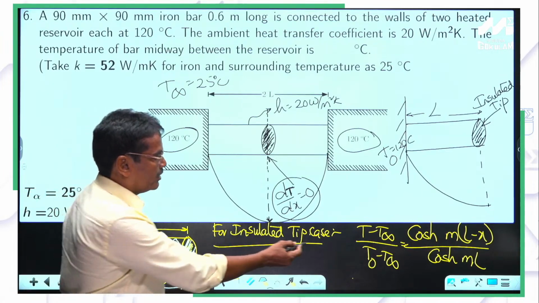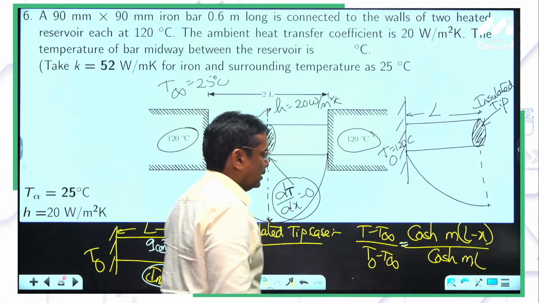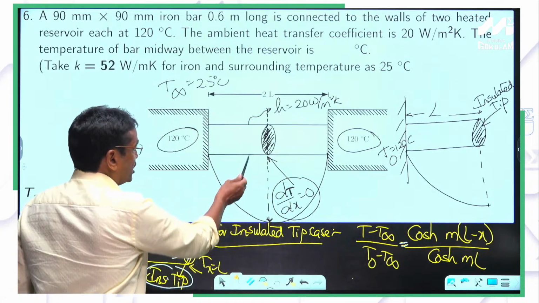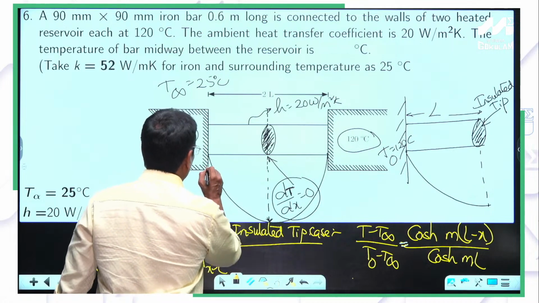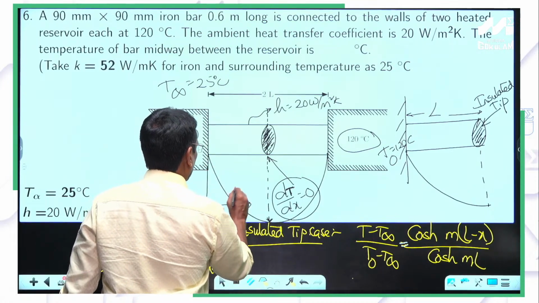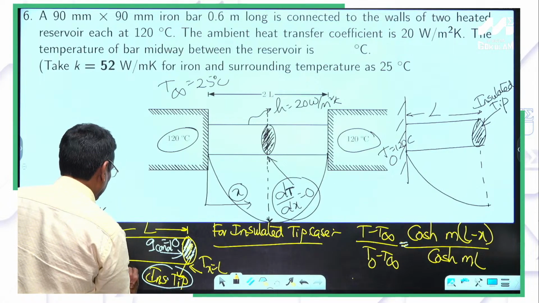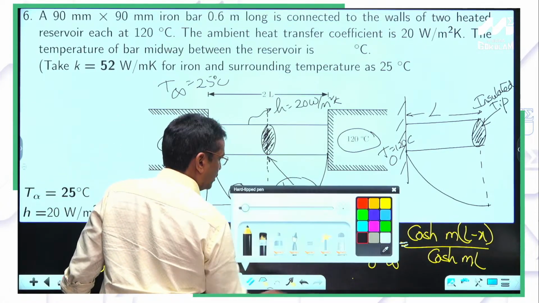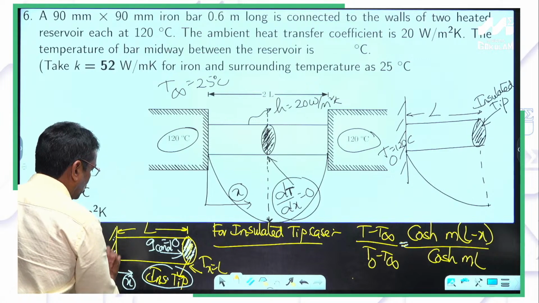For that insulated tip case, this is the temperature distribution within the fin. And because he has asked at this location, what is x here? This is the x direction. x is equal to 0 at the root of the fin.